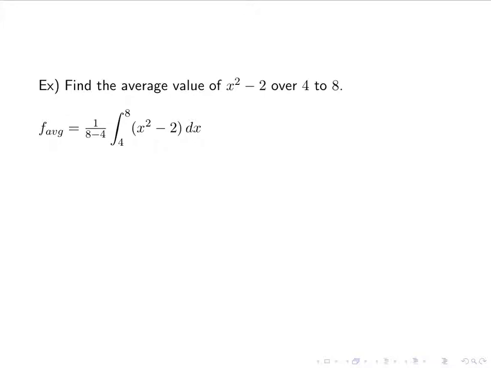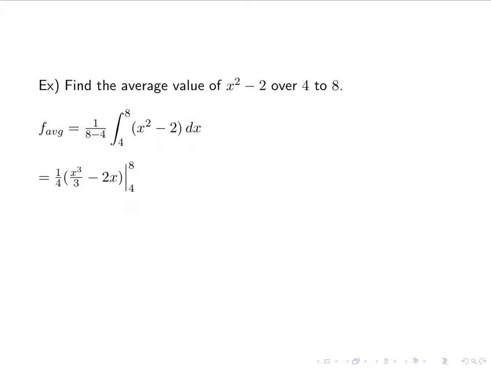The biggest mistake that I see people doing is they're forgetting this guy over here. So don't forget, if you don't divide by anything, if you're just taking the integral, all you're doing is finding the total change in it. So the average isn't the same as the total change. It's the total change divided by the length of the interval. So don't forget about that 1 over b minus a part.